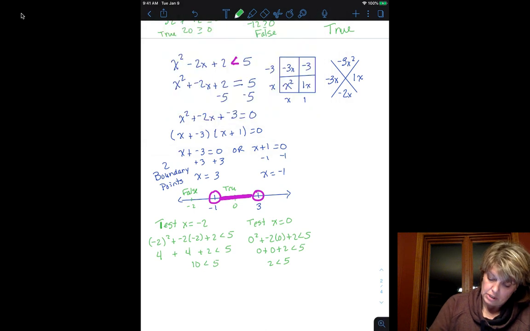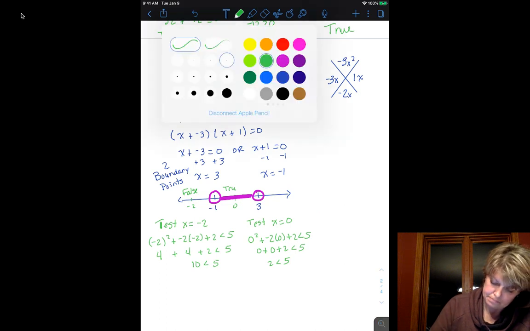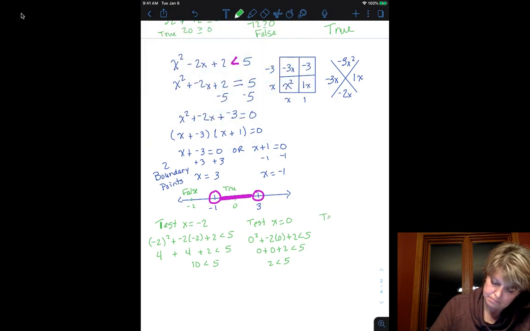Now, I'm back to green. I have to test one more value. Yep, one of these days I'll learn this lesson. Now I have to check a value over here somewhere. I'm going to pick 4. So 4 squared plus -2 times 4 plus 2. Is that less than 5?